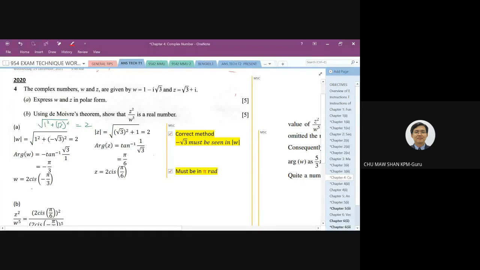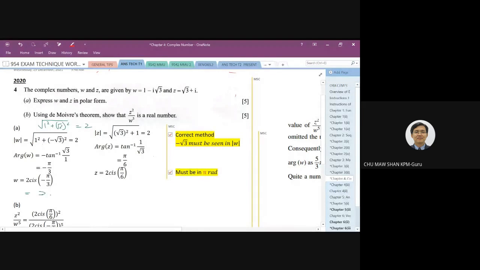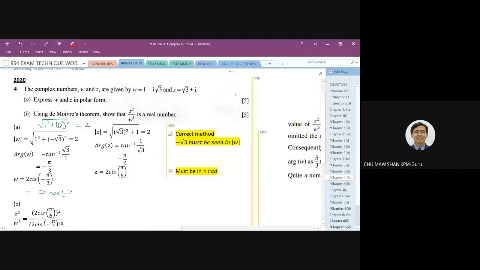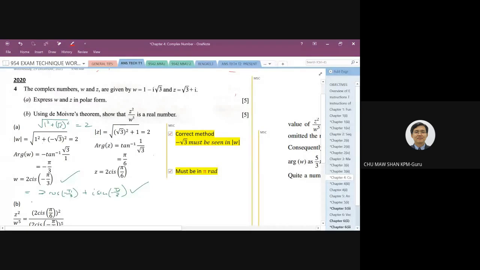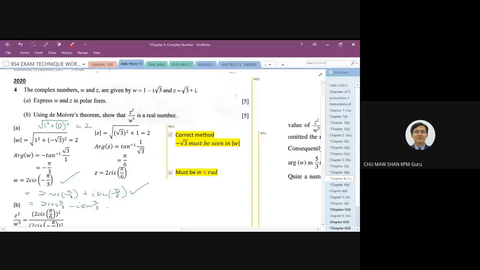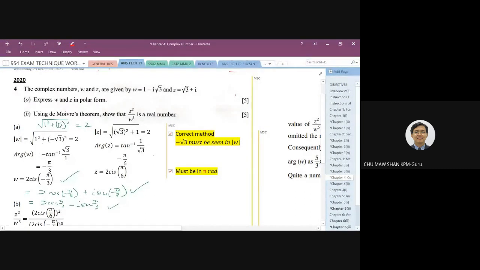So you see our W, you see we can express like this form: 2 cos negative pi over 3 plus I sin negative pi over 3. Ini boleh, ini pun boleh. Lagi satu pun boleh. 2 cos pi over 3 minus I sin pi over 3. Ini pun boleh. Boleh faham? Okay. Among these two, only this one can be changed to this form.